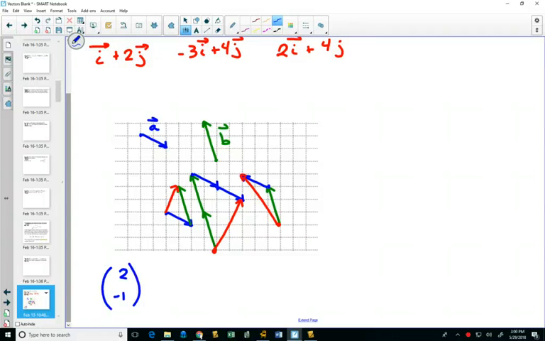And B was (-1, 3). And if I do part A, the resultant was (1, 2).